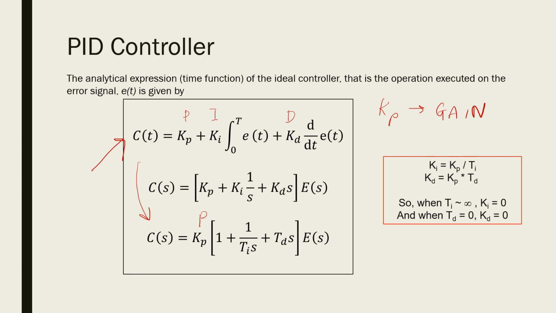You will have a time expression, which is the integral time and derivative time constant for the controller. So from this equation, we have Kp as the main one, and then Ki is Kp over Ti.